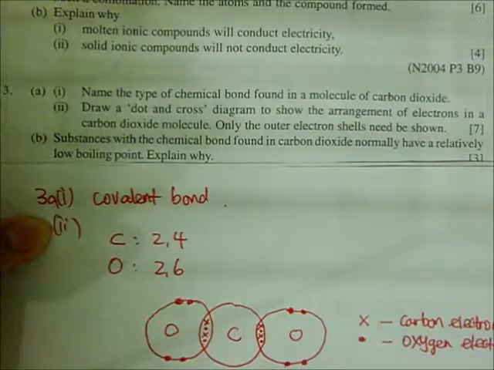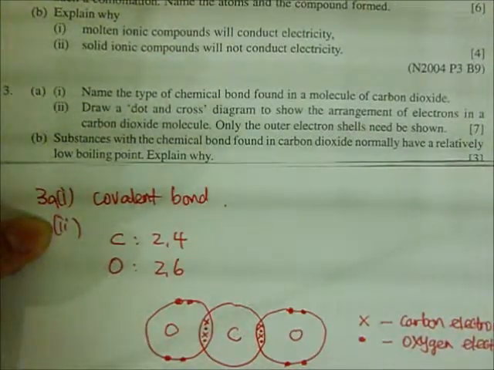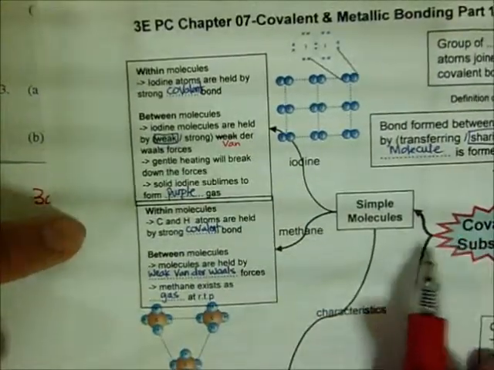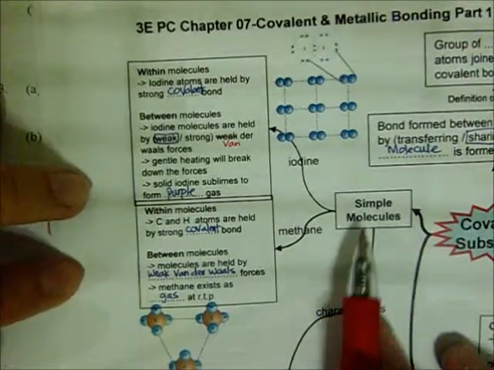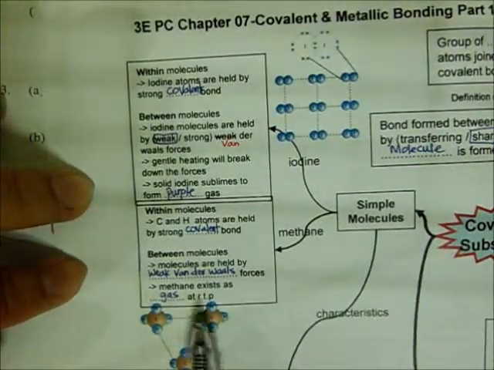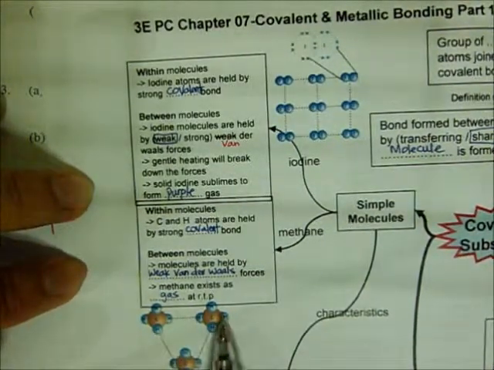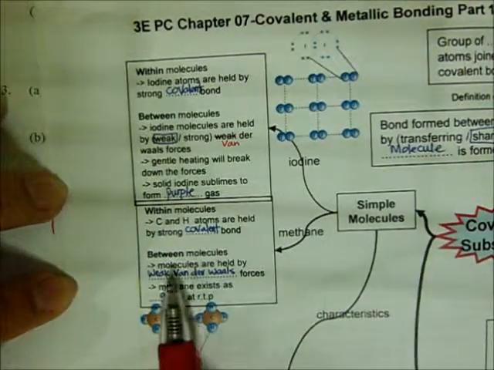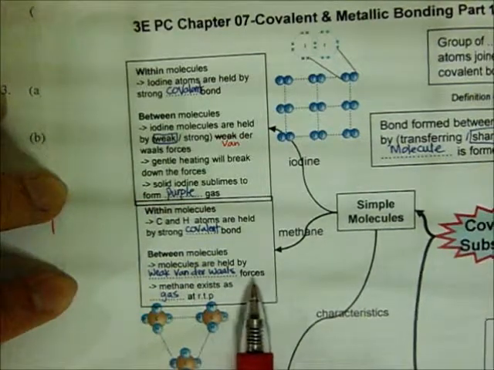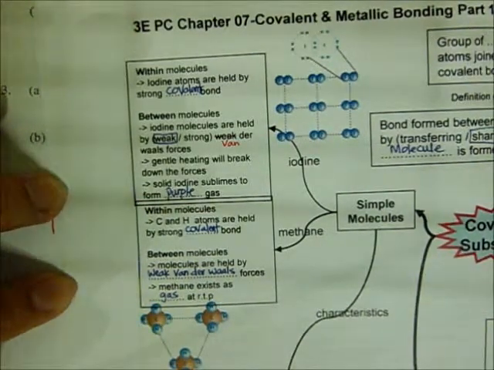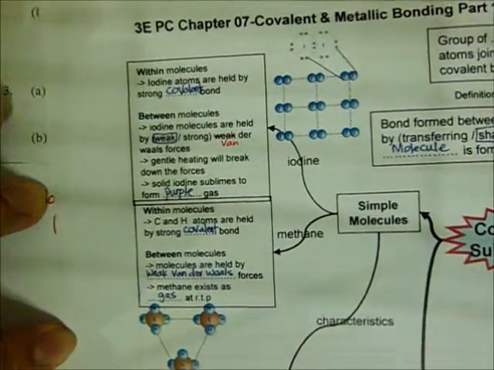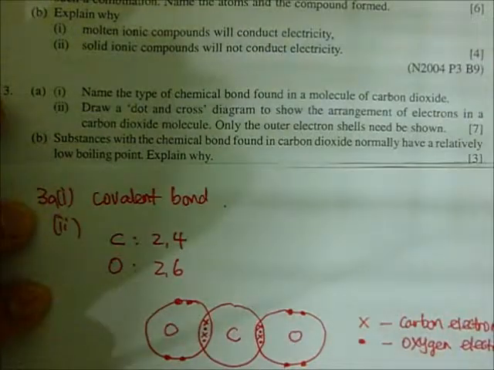It is because of this reason: covalent substances, simple molecules, like for example methane, CH4, have weak intermolecular forces. The methane molecules are held by weak van der Waals forces or weak intermolecular forces. Therefore, little energy is needed to overcome the forces, and because of that, it has low boiling point.